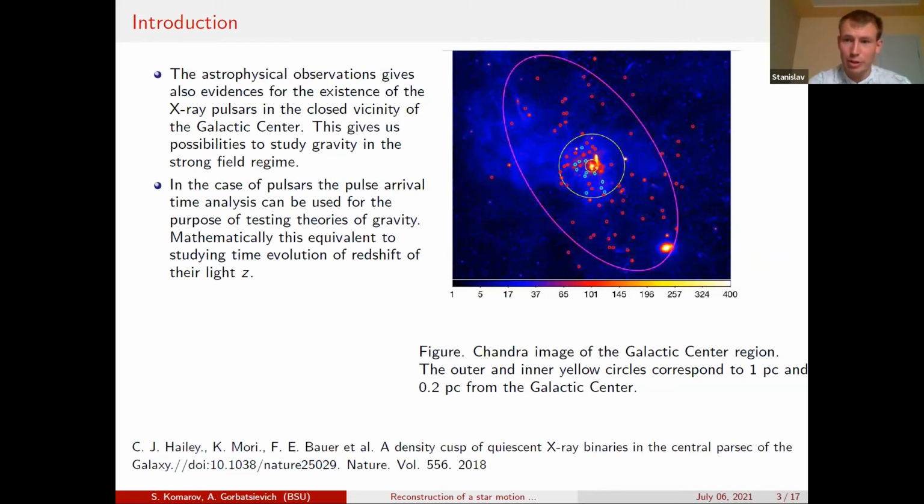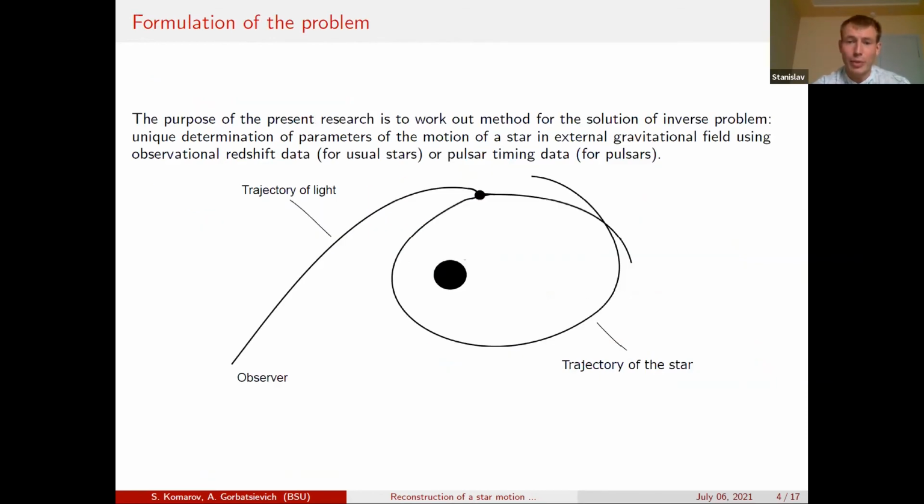It will be seen in the presentation that such characteristics as the redshift and the time of pulses of a pulsar can be described in one mathematical form, because these characteristics are connected very simply to each other.